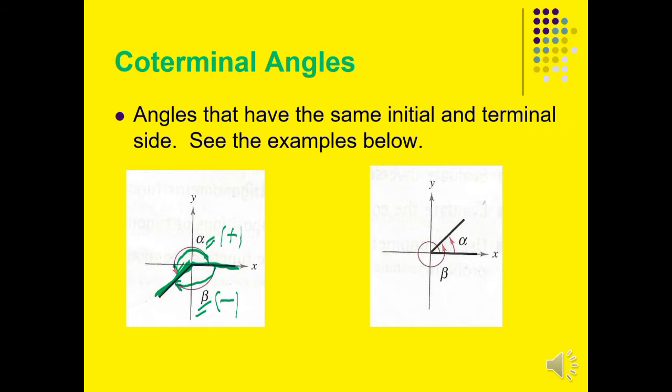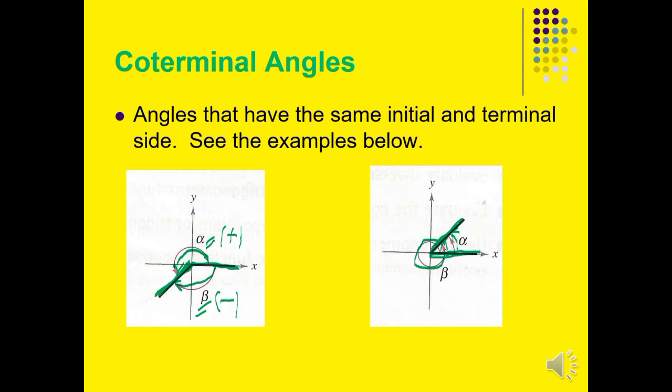Another thing is we have here another example. The initial side, as I said, always starts from the right side of the x-axis. The alpha here is the angle that can be formed interior of that, and beta here is rotating this way, then it ends here. Still the same.